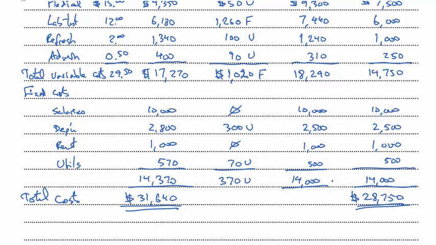But now the flexible budget, the more reasonable number to use, 32,290. And we can net our two variances here, and I get a $650 favorable variance.